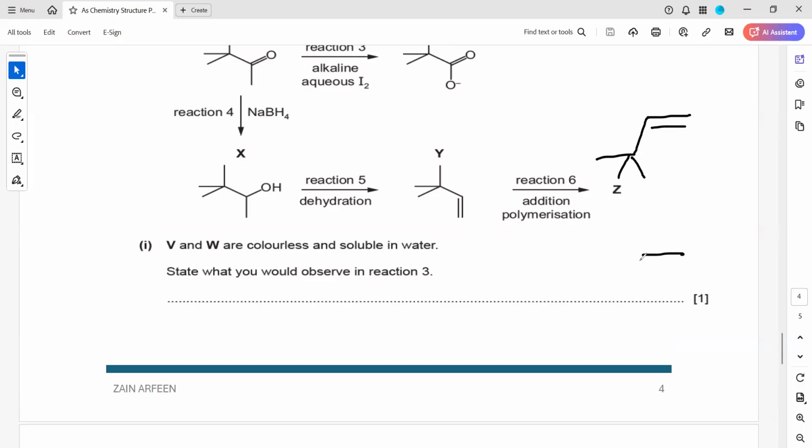What I have to draw in the exam is this. And then a dotted line should be there, which shows that the continuation is there. Or you can draw a continuous line as well, but don't put n because they did not say draw polymer. They just said draw one repeat unit. So that's it.